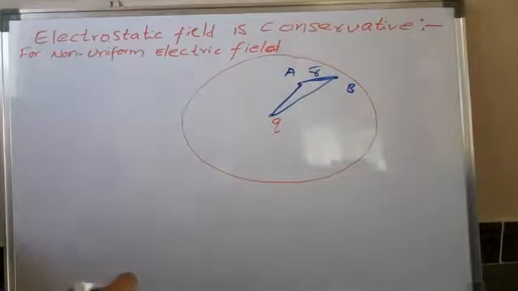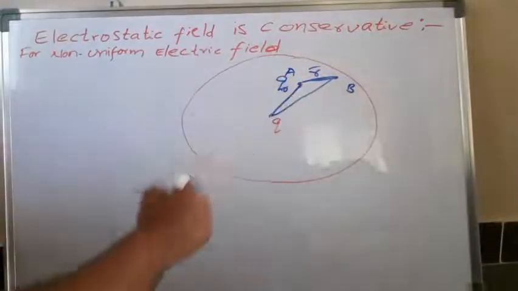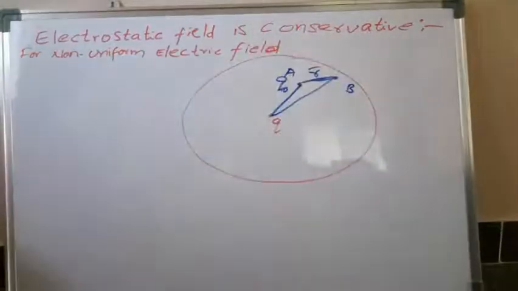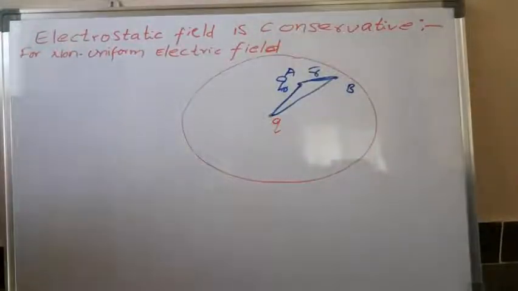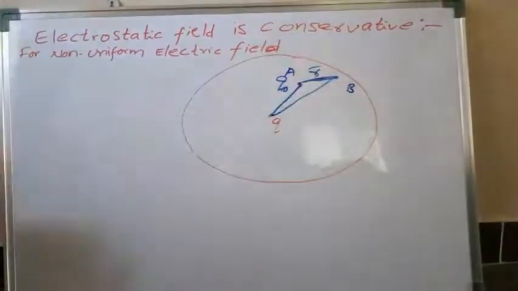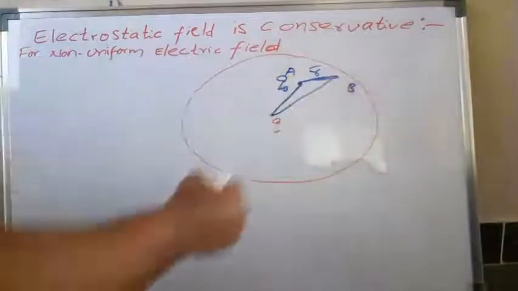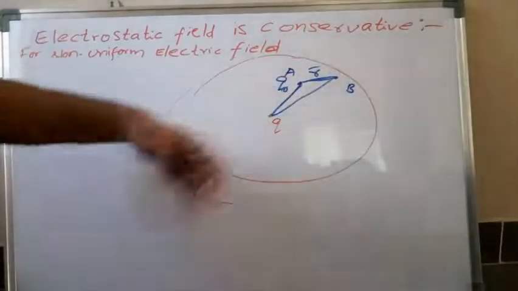We need to calculate the work done to move a point charge Q naught from A to B. For this, to apply for the general condition, we give, because every time R bar may not be in this simple manner.